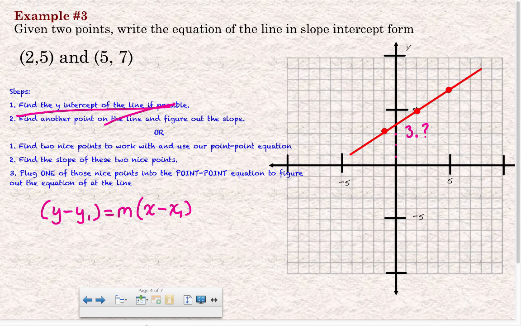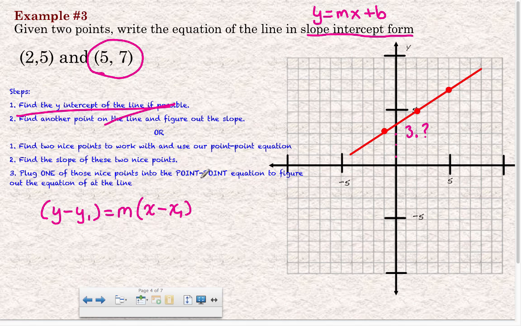All right, so which point would you like to use? Doesn't matter. We used the first one last time, so let's do this point. Since we want to write it in slope-intercept form, we know it has to be y equals mx plus b.